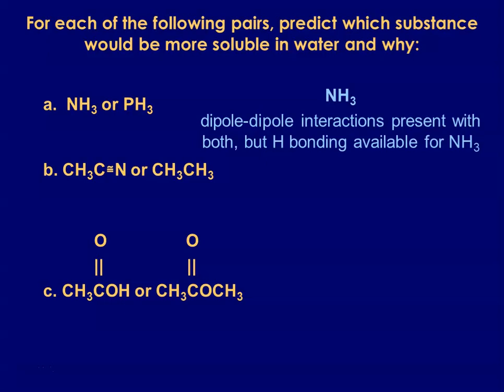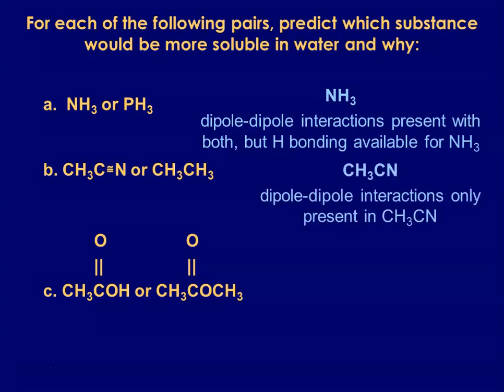That has definitely some polar components to it because you have the electronegative nitrogen atom triple bonded to the carbon, and that carbon is then single bonded to carbon with 3 hydrogens. There's definitely asymmetry in this molecule. And so CH3C triple bonded N, having that polar component, is going to be more soluble in water because it's going to be able to have those dipole-dipole interactions. It will not be able to have those as readily with CH3CH3. That one would have the dipole-induced dipole if it was going to have one.